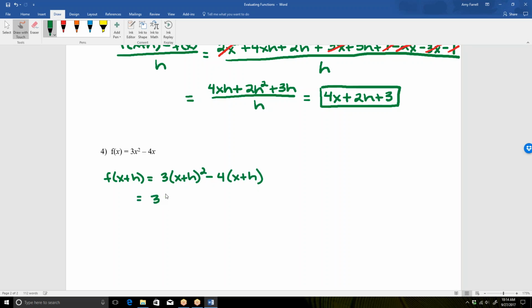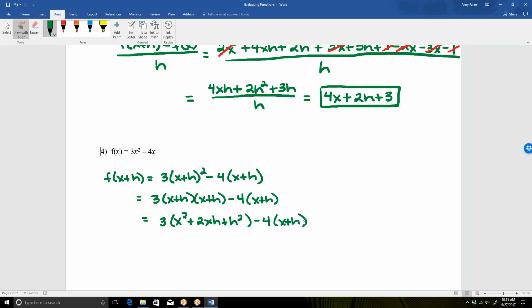Okay, then I need to square before I multiply. And x plus h quantity squared is x squared plus 2xh plus h squared. I showed that for the previous problem.